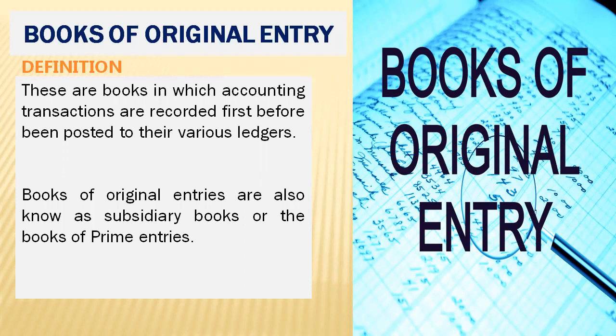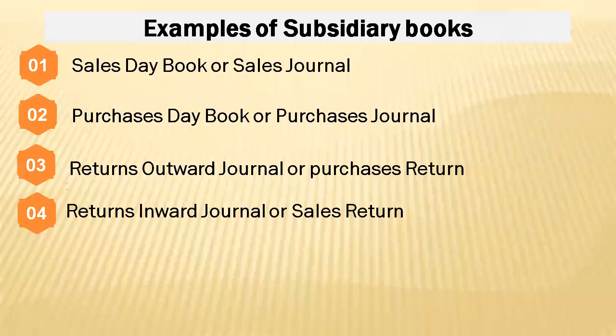Books of original entry are also known as subsidiary books, like I said before, and they can also be called books of prime entries, as the case may be. They are accounting transactions which are first entered into the books before they are taken to their various ledgers.